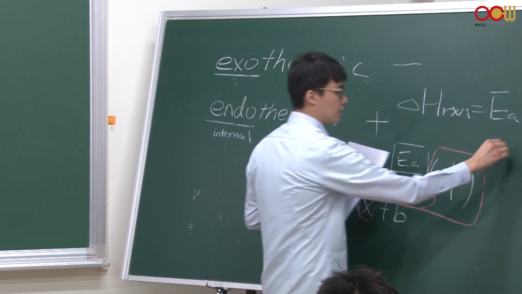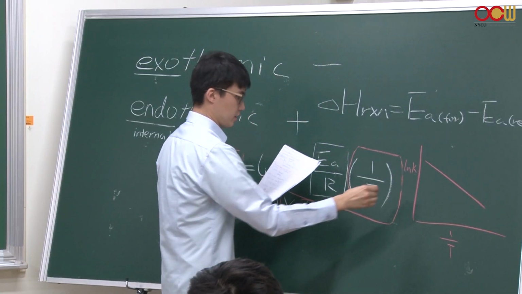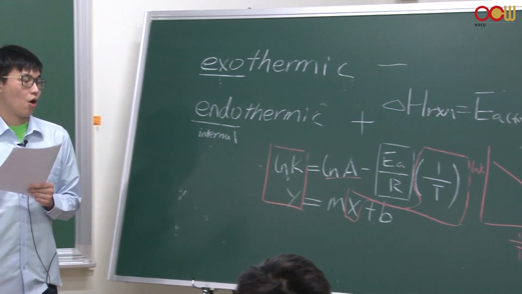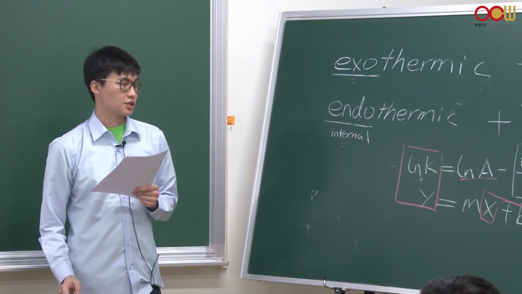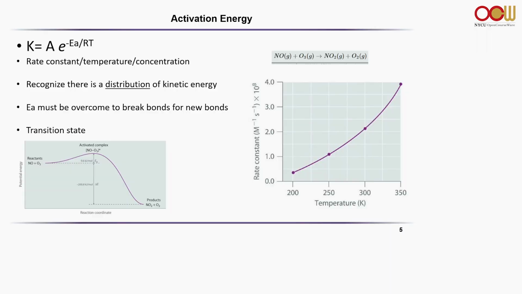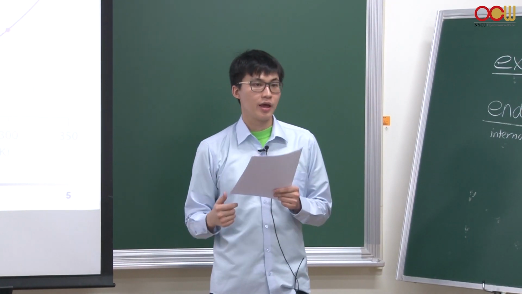When you plot the data, it should look like this. And then the slope would be your E activation over R, which is the constant. So you can do multiple reactions like this and figure out your activation energy.